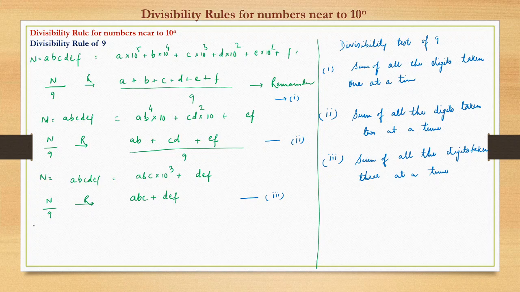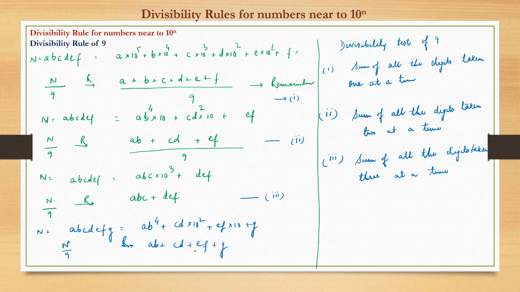Let me explain with one more example, a b c d e f g. If I take two at a time, it becomes ab into 10 raised to 4 plus cd into 10 raised to 2 plus ef into 10 plus g. So here the remainder of n by 9 would be the remainder of ab plus cd plus ef plus g.